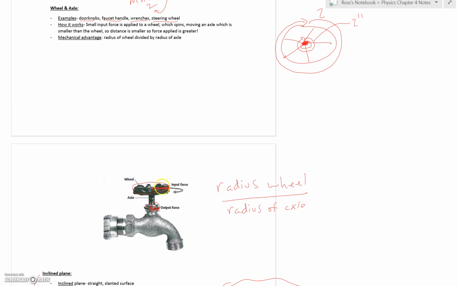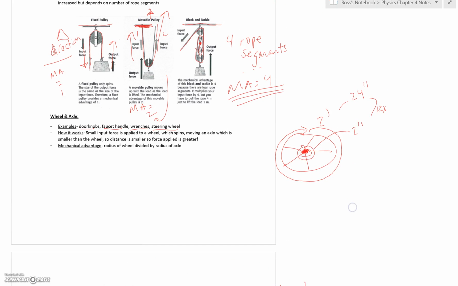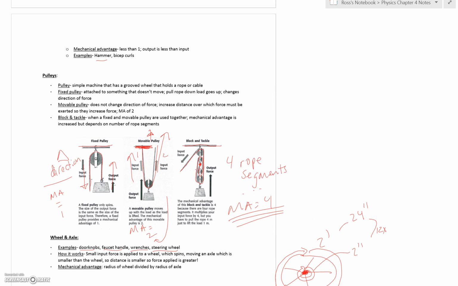You turn the larger wheel, it moves a small axle, thereby multiplying the force. We've got 3 different types of pulleys. One of them just changes direction. Another one doesn't change direction, but multiplies the force by 2. And this one changes direction and multiplies the force by the number of rope segments, essentially the number of pulleys.